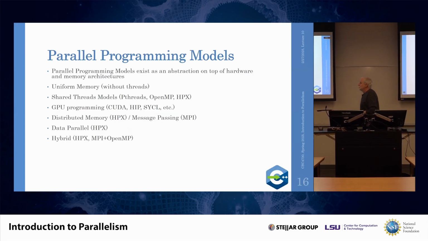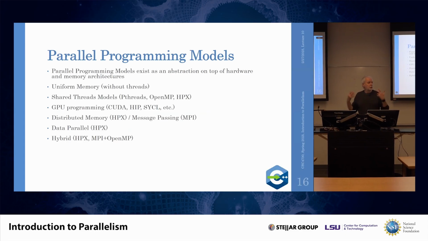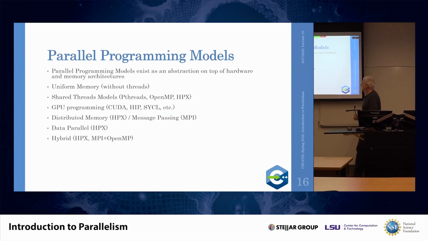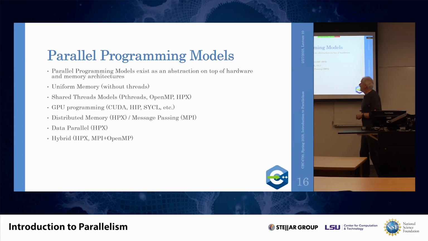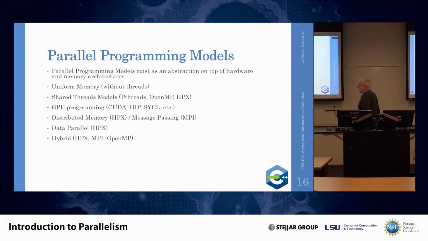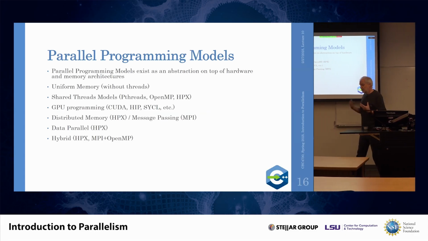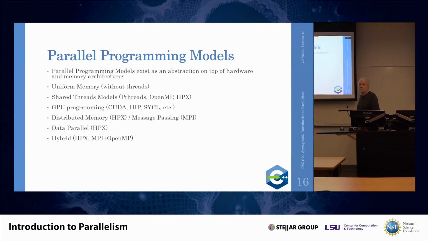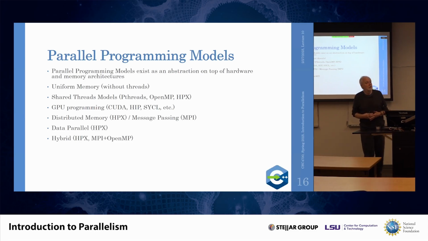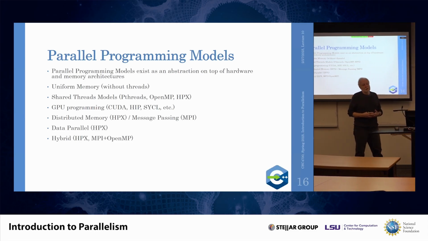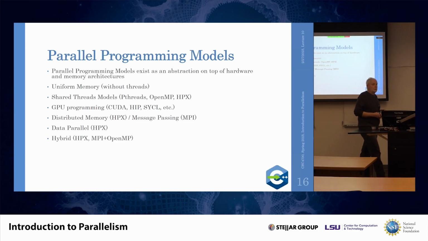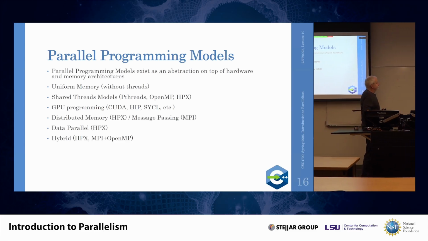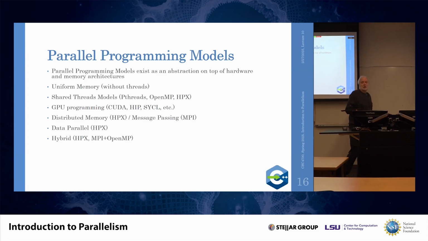Well, the simplest one is uniform memory. You have one computer, you have one thread, just a sequential execution, no problems there. Shared thread models, where you want to work with many threads in the same application. The typical one is Pthreads, the POSIX threads, the lowest level of parallelism you can achieve. And you will see why we don't want to do that, because it's not pretty.